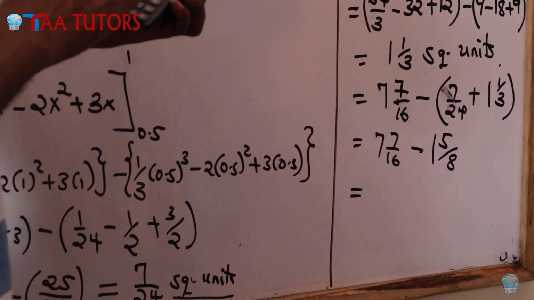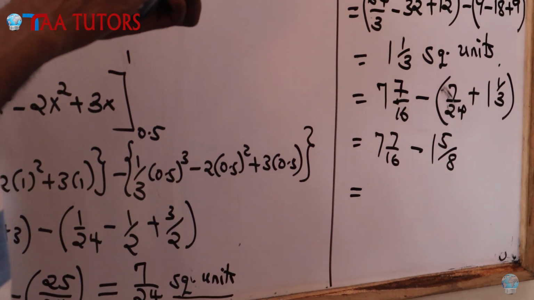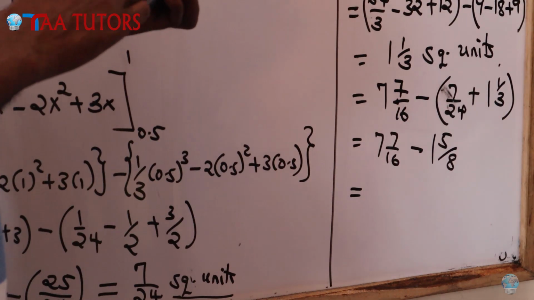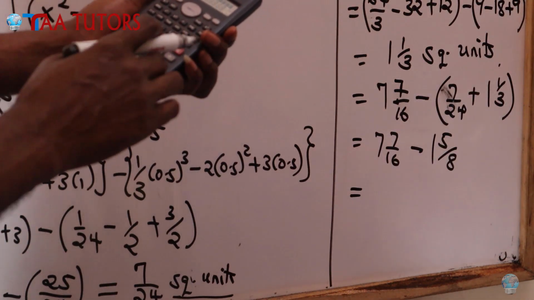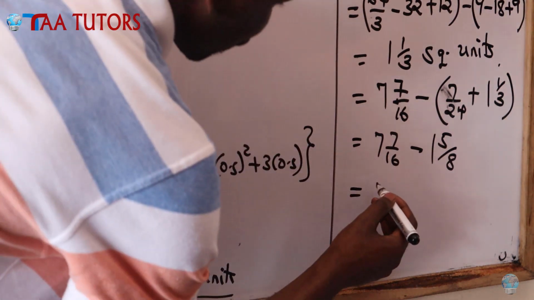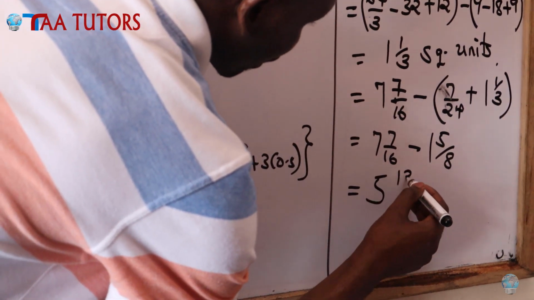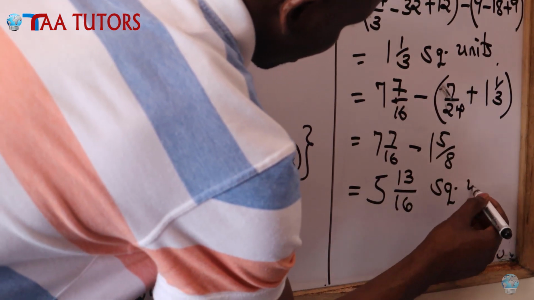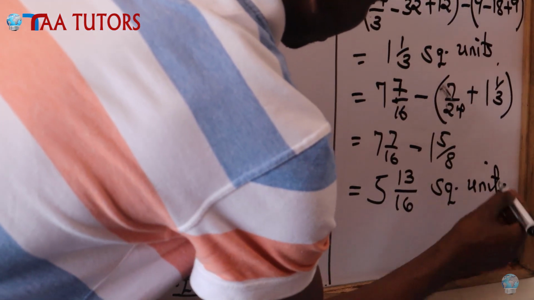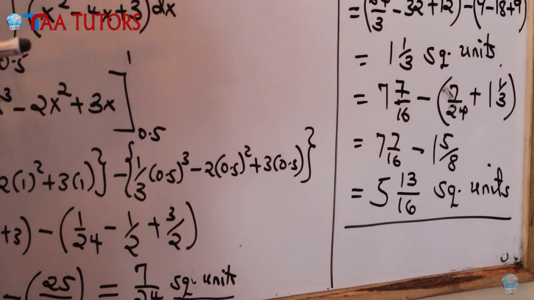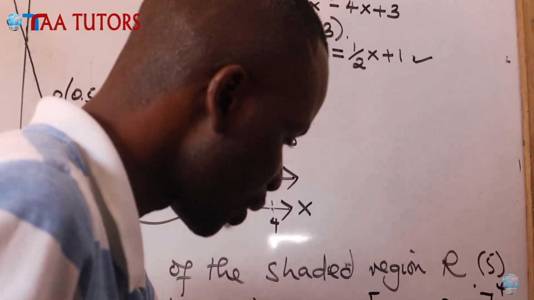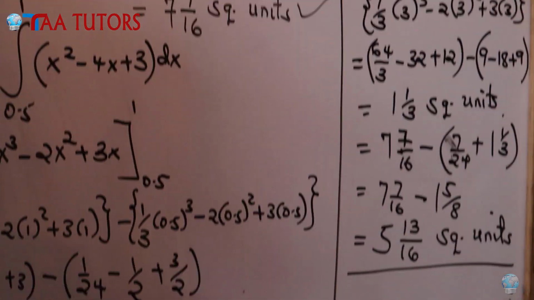So 7 and 7 over 16 minus 1 and 5 over 8, we get 5 and 13 over 16 square units. So viewers, the area of this shaded region here is 5 and 13 over 16.